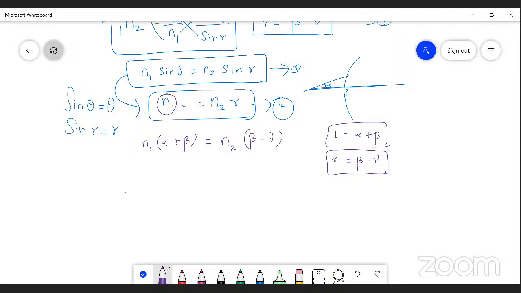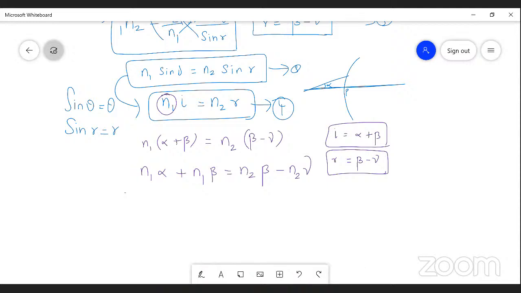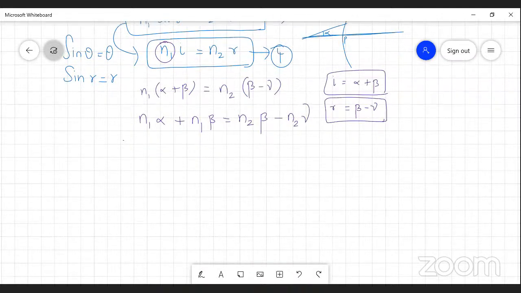Multiplying this out: N1 alpha plus N1 beta is equal to N2 beta minus N2 gamma. So rearrange the equation.